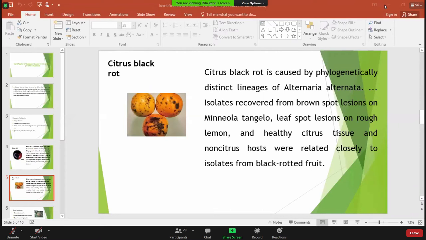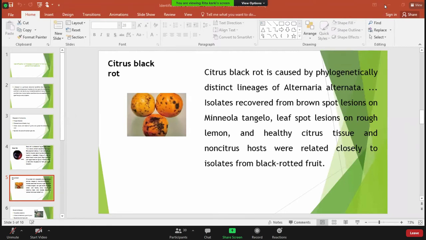Once the citrus fruit are affected, both the quantity and the quality of the fruit will be degraded because of the disease embedded inside the body of a larger number of citrus fruits.